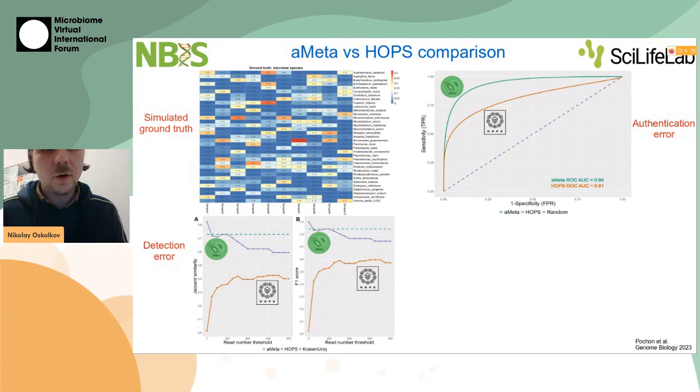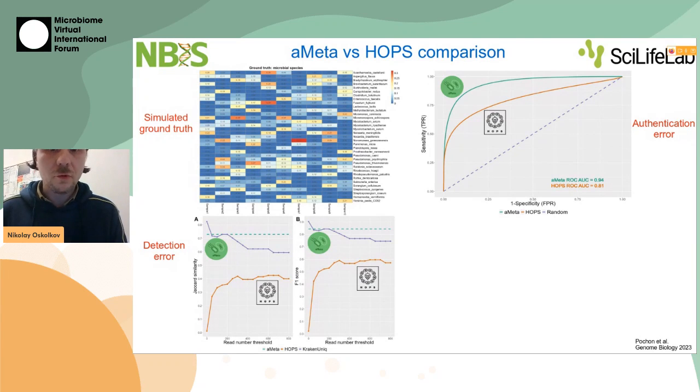Those are two major contributions to analysis error. The detection error is when you misidentify microbes regardless of their ancient status, and the authentication error is when you detect a microbe and assess it to be ancient while it's a modern contaminant, for example.